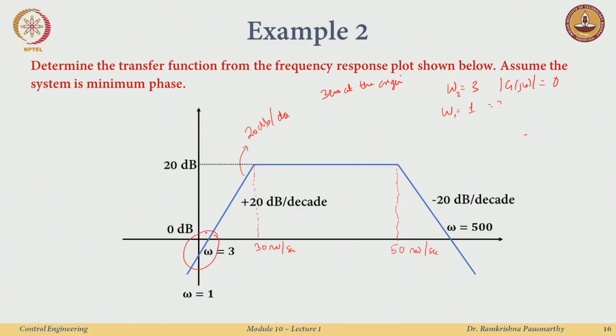So what is on the y axis? I have 0, and let me call the magnitude here some number y. So y2 minus y1 over x2 minus x1 is the slope, right? That is what we learn in coordinate geometry. So on this axis I have log of 3 minus log of 1 is 20.